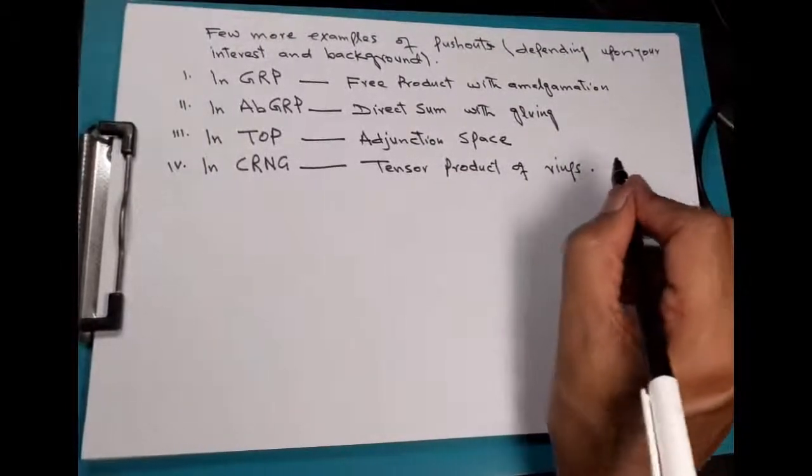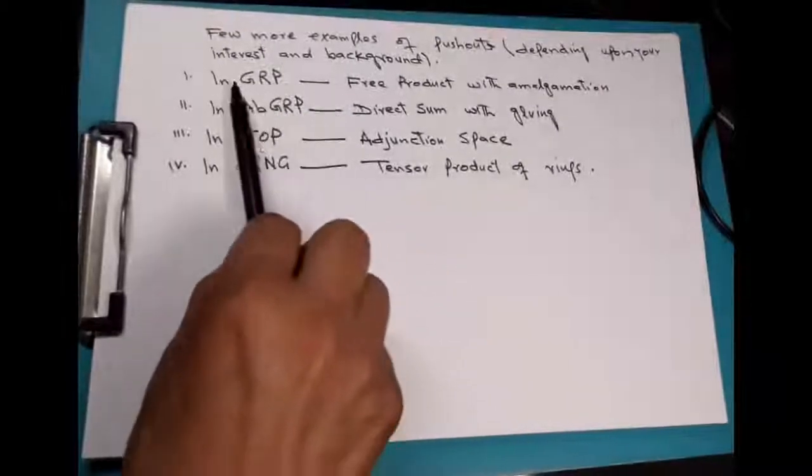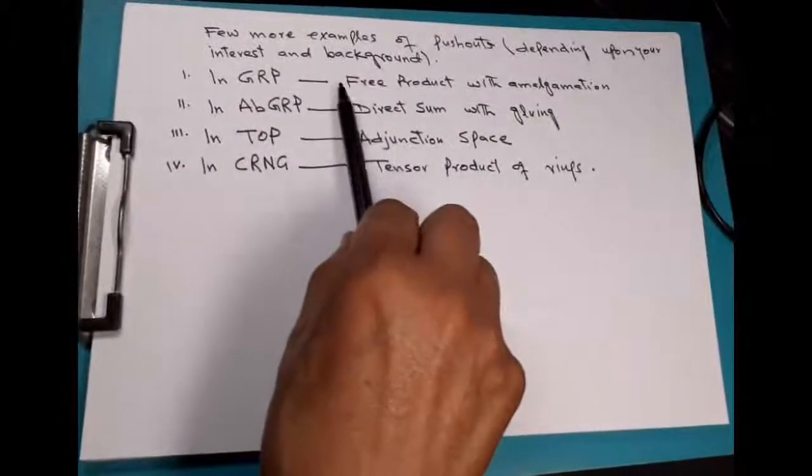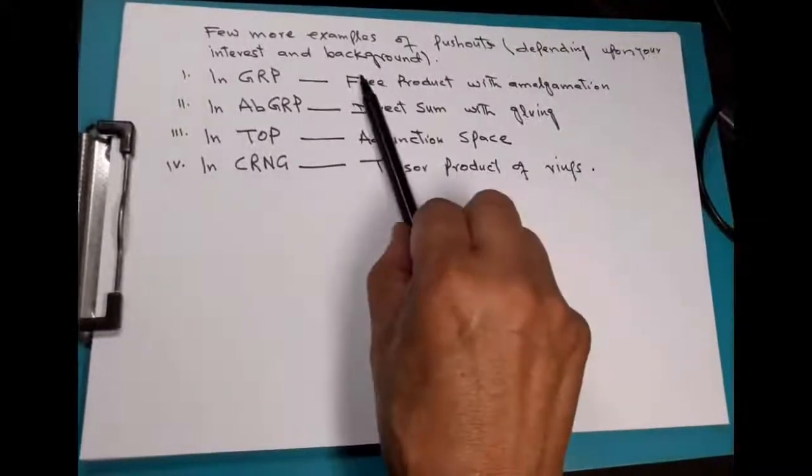I have written these examples just for your interest. If you are interested, you can go to the library and search for these examples in books, or you can search for these examples on the internet. In fact, it all depends upon your background. If you have studied group theory quite deeply, you might be able to recall this concept.